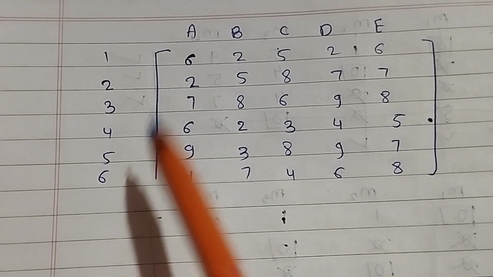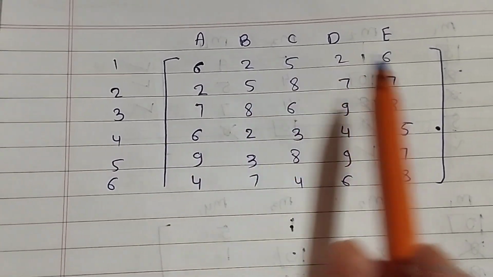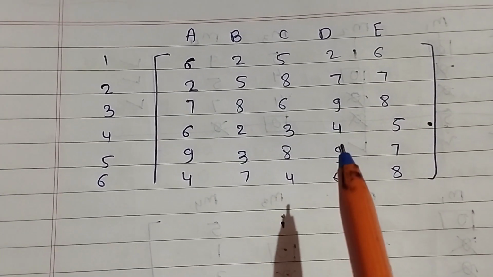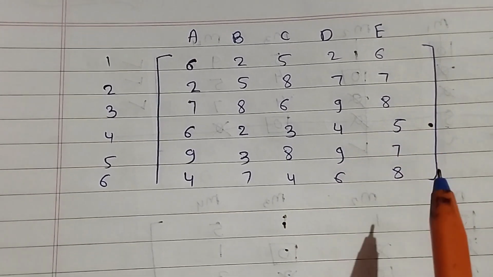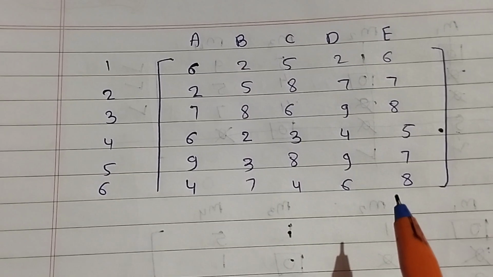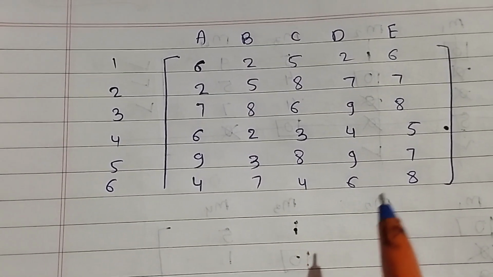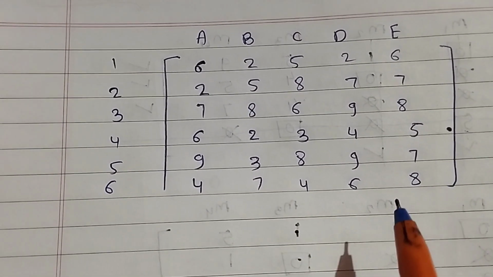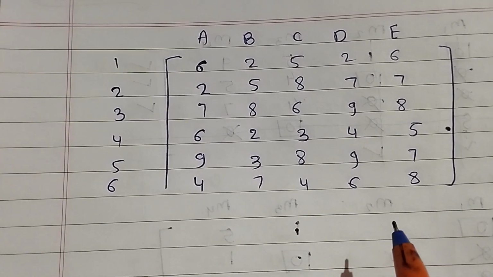In this example we have 6 rows and 5 columns. So now here we add 1 dummy column to convert the unbalanced assignment problem into a balanced assignment problem. When we add the dummy column, we convert it into a 6 by 6 matrix.